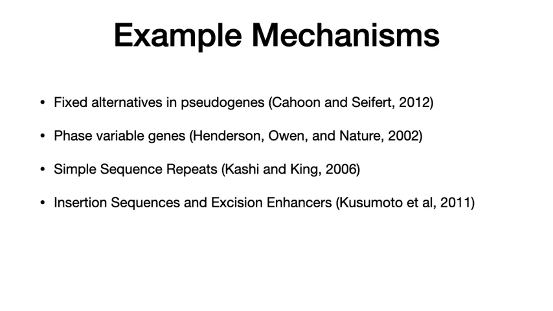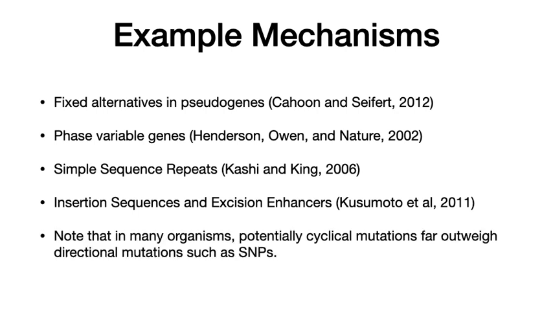And so in a lot of organisms, mutations which are potentially cyclical, which fall in one of these categories, actually far outweigh directional mutations such as single nucleotide polymorphisms, sometimes by a large amount. And a lot of times, each of these individual classes outweigh single nucleotide polymorphisms. So I find that really fascinating.